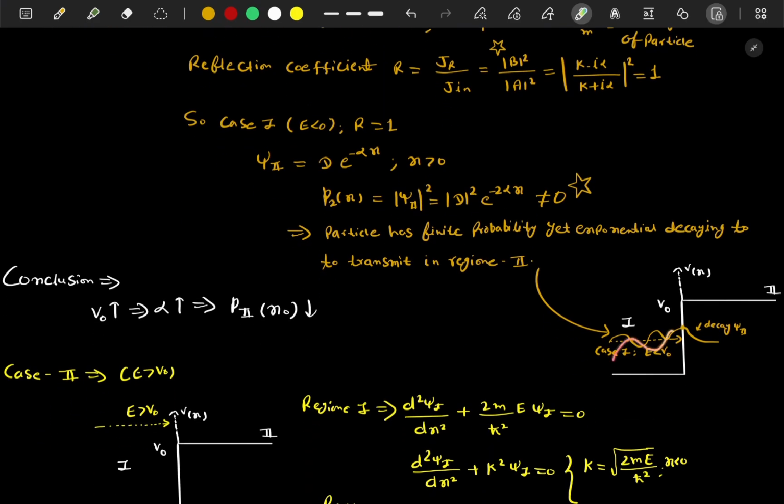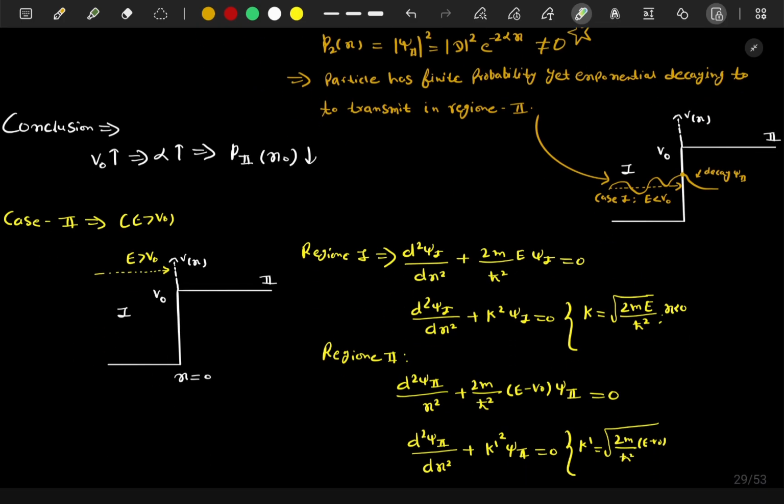Because the particle has energy less than the potential barrier, classically it should not go there, but it has a certain probability of being in this second region. How will it go into the second region? We say it gets tunneled, or we say it has exponentially decaying probability. That's what I am saying. Hope you understand it.